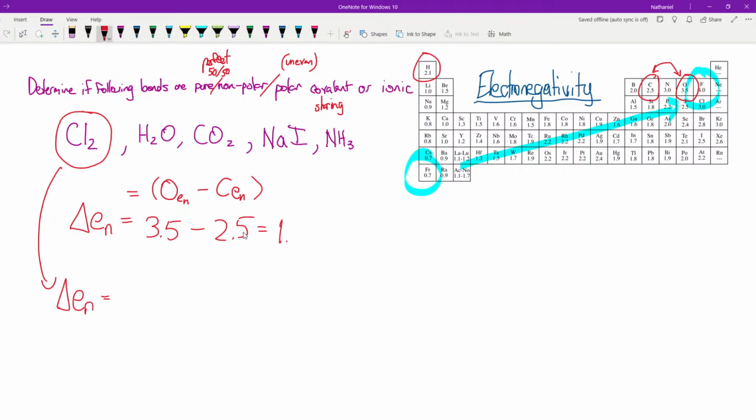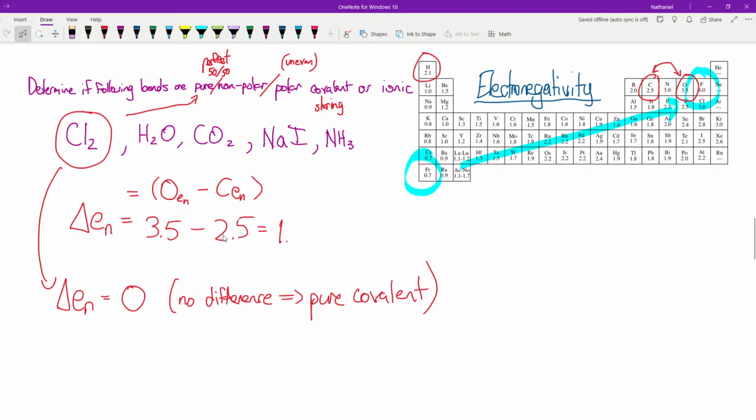So this is an example of a pure covalent. Pure covalent has no difference. So that's pure covalent, pure 50-50 sharing. Okay? This is a type of nonpolar because nonpolar is basically even, and this is like perfectly even.